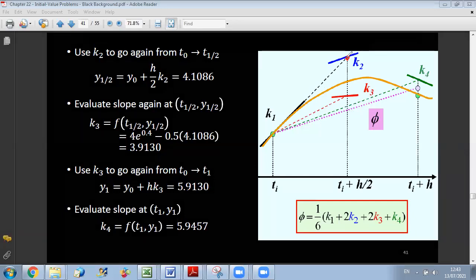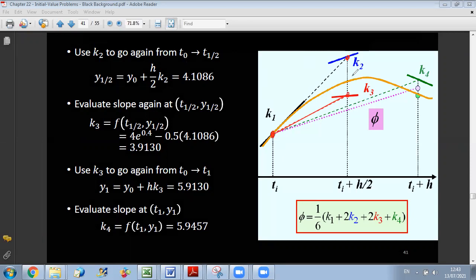Once you find the slope, you go back to this point and draw a line of slope k2. So now we were in this step. We went back to point 1 and take a line of slope k2, and this line will give us a correction of the midpoint.